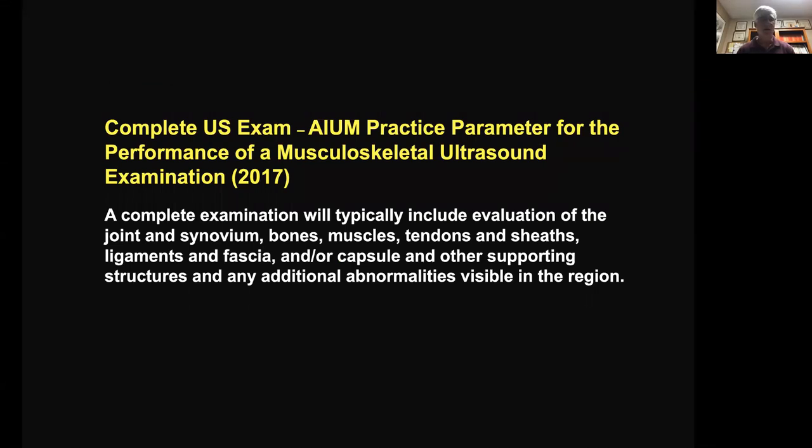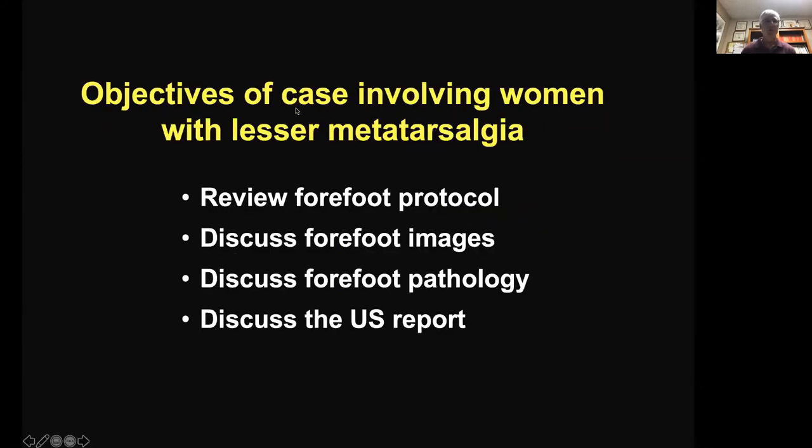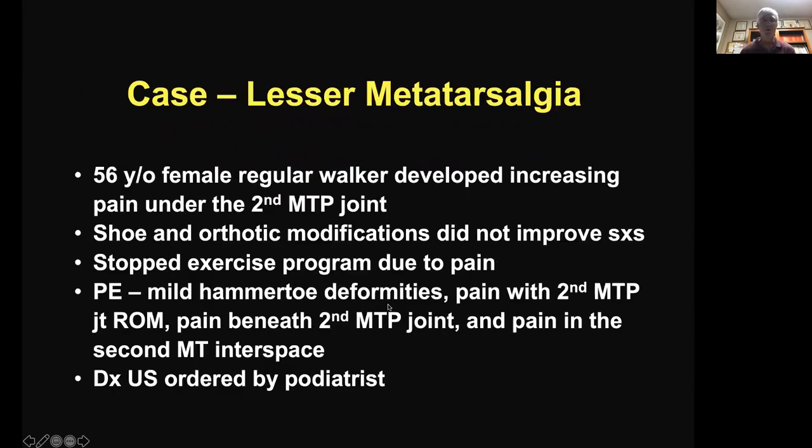It doesn't necessarily have to include the whole joint, so if the focus is on the medial joint, then all the pertinent anatomy that would relate to the medial joint. So the objectives of this particular case, applying those, are to review the forefoot protocol, discuss forefoot images, discuss the forefoot pathology that you would see, and then finally review the report.